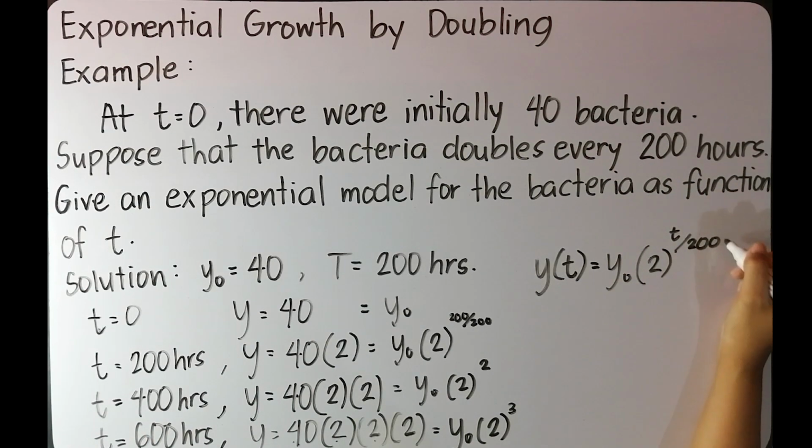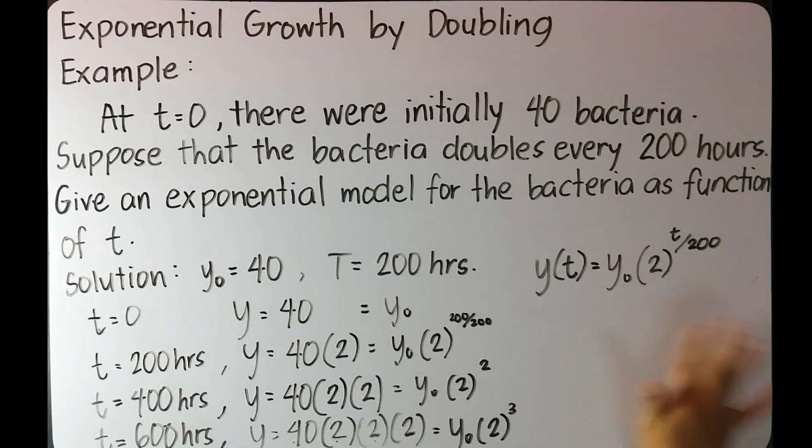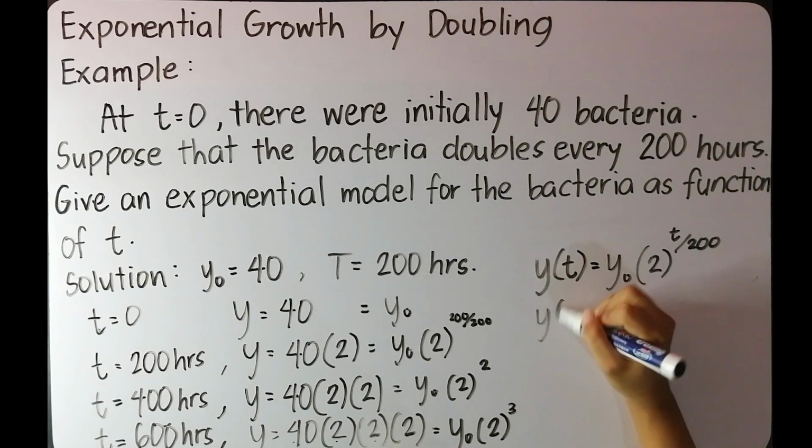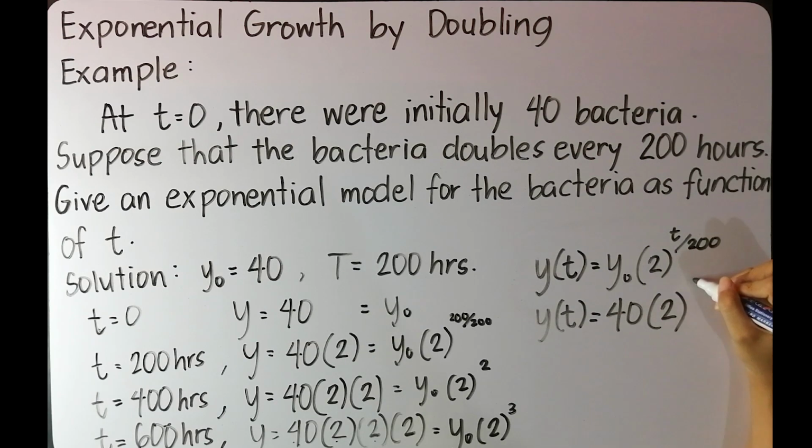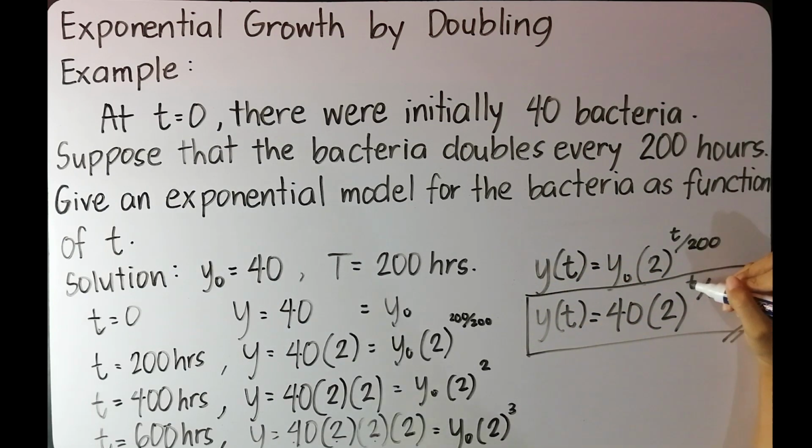This 200 is your capital T. We need to divide your time by 200 first because that is the unit of time when the bacteria doubles. So our function y of t is 40 times 2 raised to t over 200. So this is our exponential function.